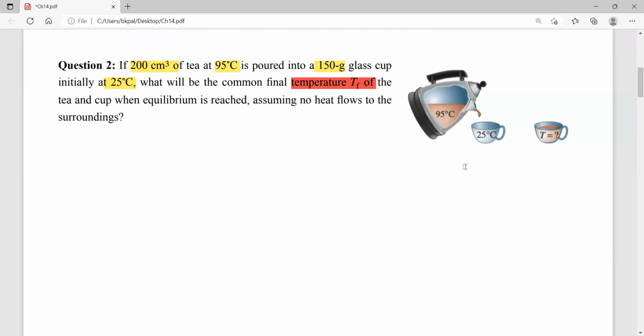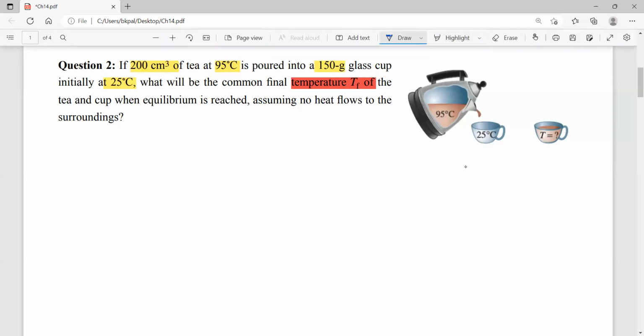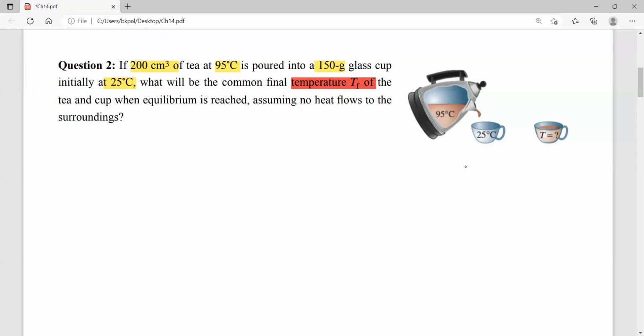Now, there are many ways to calculate it. We'll be using the conservation of energy equation. You remember that conservation of energy is this one: sum of Q equal to 0. Here we have two terms, one for the tea, another for the cup.